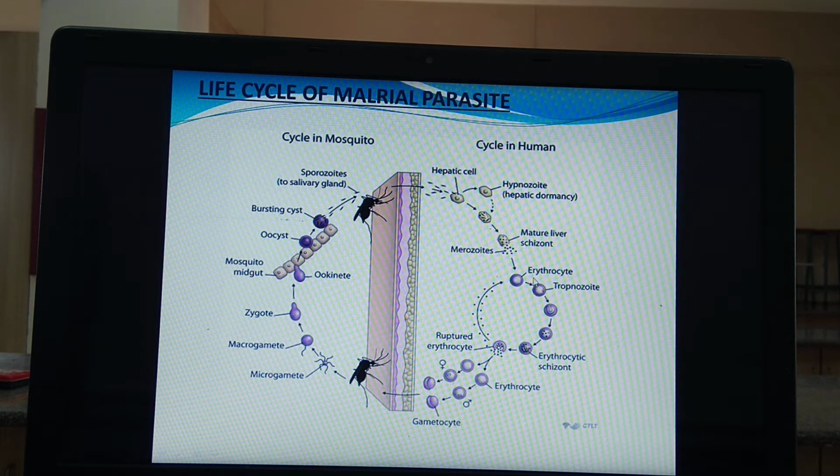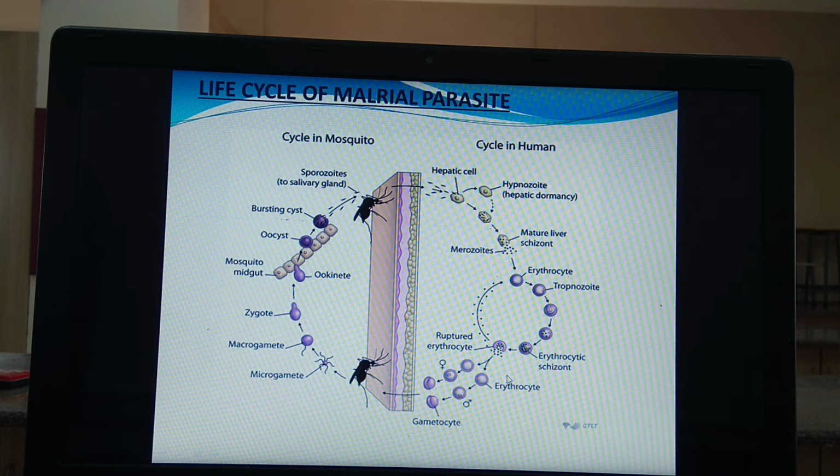In the erythrocytes, they get converted into trophozoites, then the schizont, and again into the infected RBC. This fully infected RBC bursts open and releases the gametocytes, which can enter into the body of the mosquito, and the cycle will be continued. Okay, this is the mode of transmission of the malarial pathogen, that is Plasmodium vivax, from mosquito to human being and from human being to the mosquito.